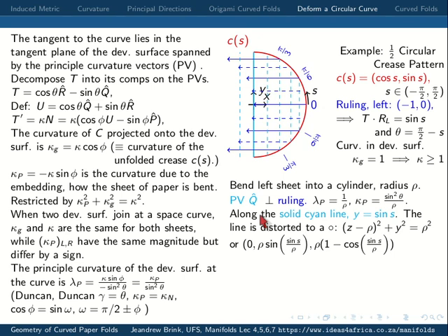And then we can have our distorted curve have this relationship where it equals rho sine of y over rho, like I explained over there, and y is just s. So we have an expression for our distorted curve, and here I've simply added the midpoint of the curve as well.